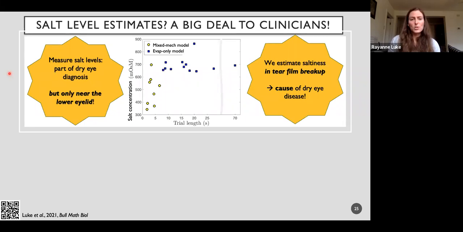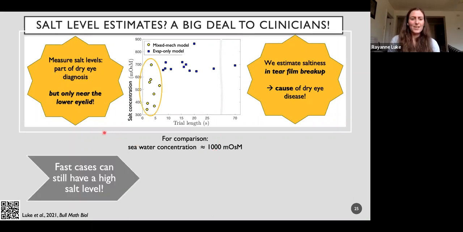So our results show in particular that we don't reach quite the concentration of seawater, which would be about 1,000 milliosmoles. But in particular, our model with evaporation and the Marangoni effect, which acts on an intermediate time scale, but under 10 seconds, still has a relatively high increase in salt concentration in only a few seconds.